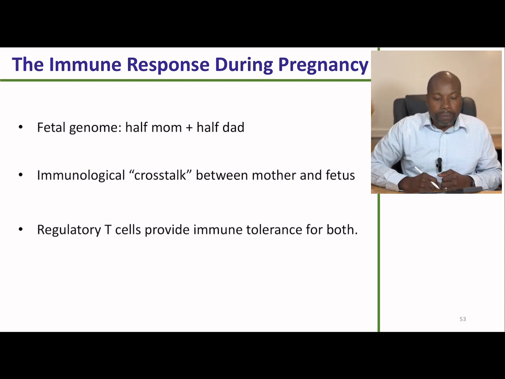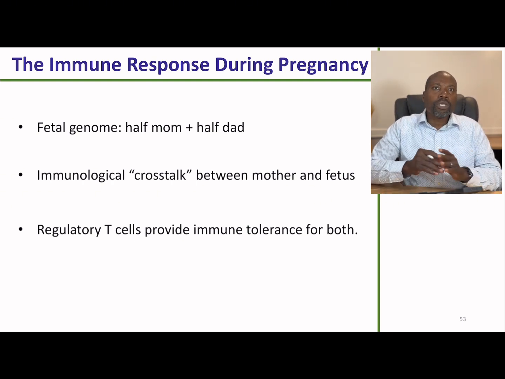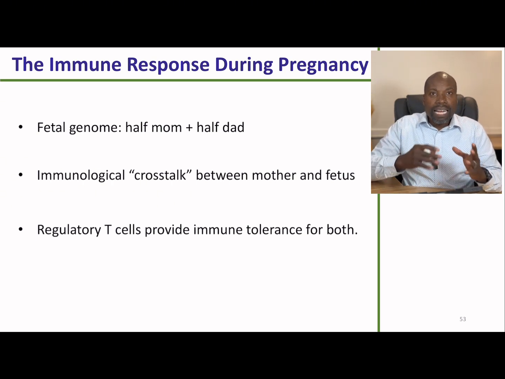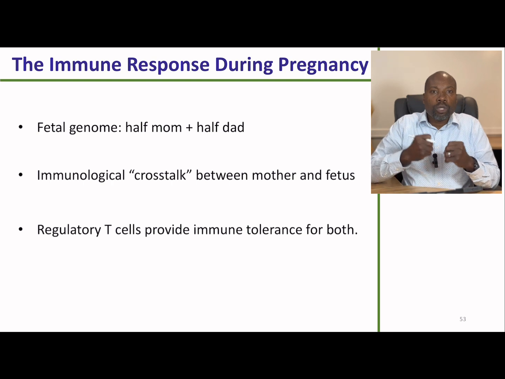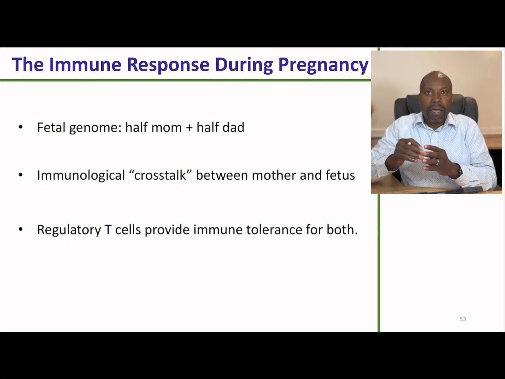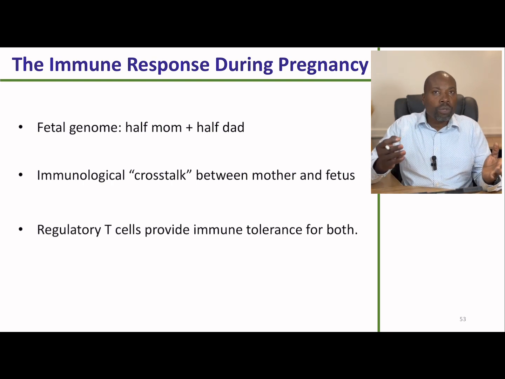Now, as we consider, the fetus is going to be made up of two genomes. One that is from mom, two that is from dad, right? So that fetus is going to produce a number of factors. Some of them are going to be seen by mom's immune system. Some of them are not going to be seen by mom's immune system.